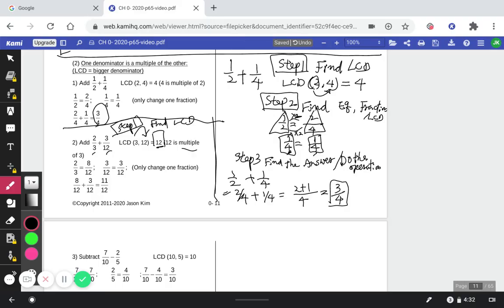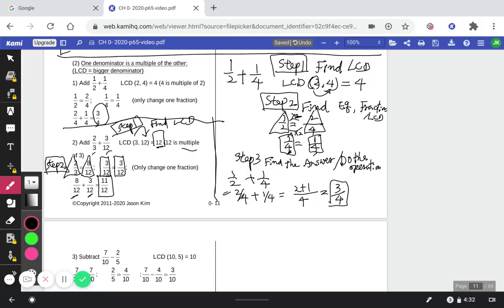Now you're going to do step 2, find the equal fractions. So 2/3 is equal to 8/12, and 3/12 is the same as 3/12. So now you are replacing 2/3 with 8/12 and leaving 3/12 as 3/12. So you end up with 11/12.